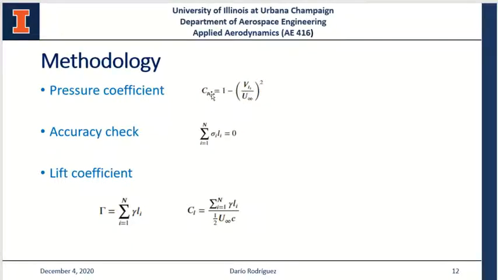So we can calculate the pressure coefficient all around the airfoil because we have calculated the source and vortex strengths, so we are able to estimate these velocity components also.